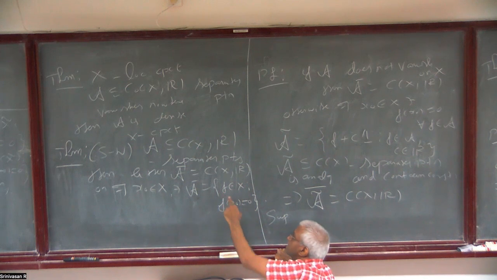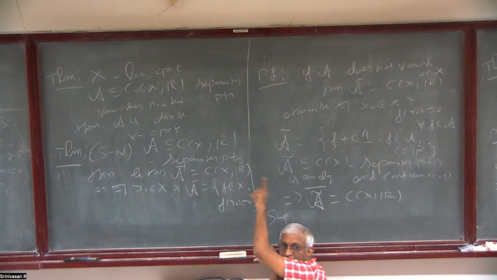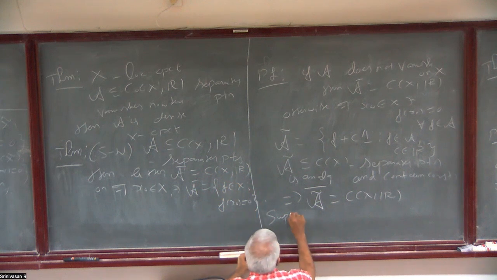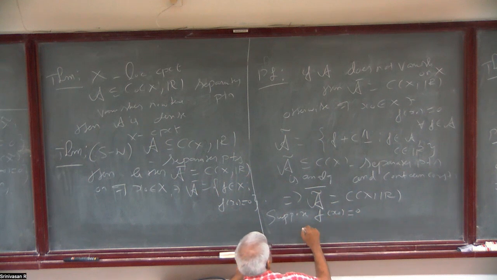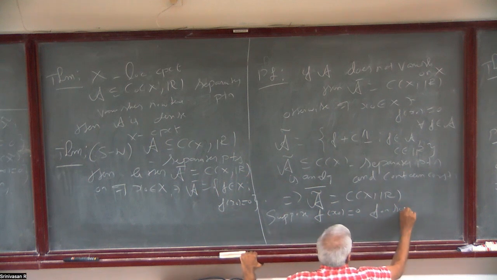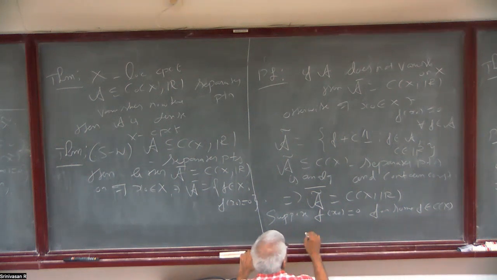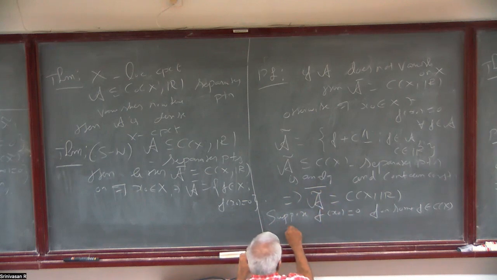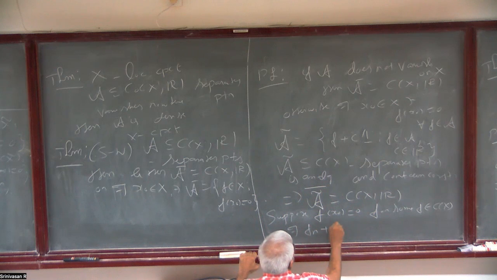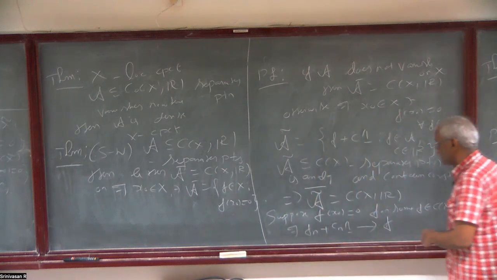We have to take any function which satisfies this condition, and then approximate it by functions in A. So suppose F(x naught) equals 0 for some F in C(X). Then A tilde closure is the whole of that. So there exist Fn plus Cn times 1, which converges to F, by the original statement.